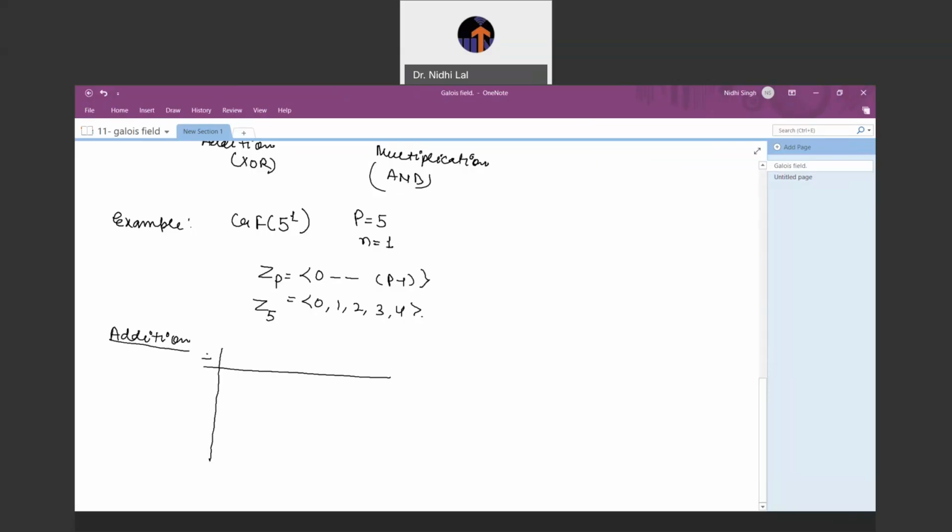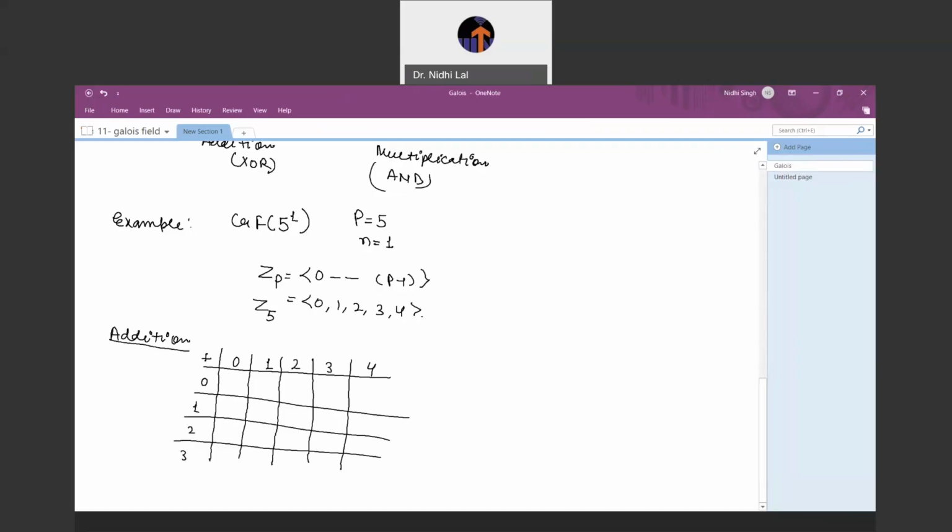This is the addition operation. So 0, 1, 2, 3 and 4, again 0, 1, 2, 3 and 4.